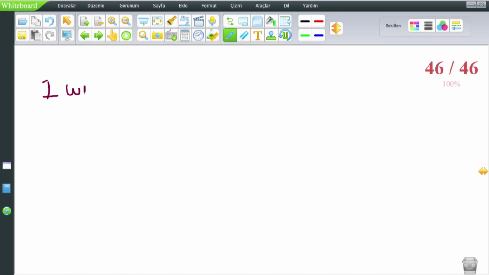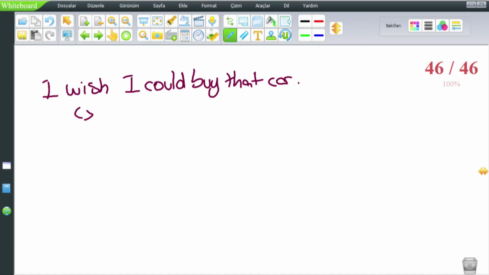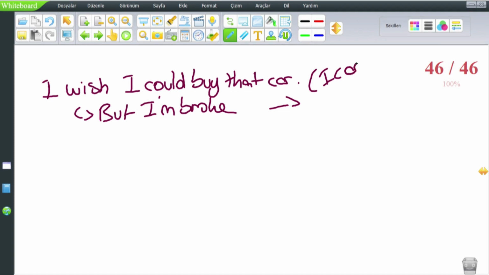I wish I could buy that car, but, for example, I am broke, so I can't buy it.